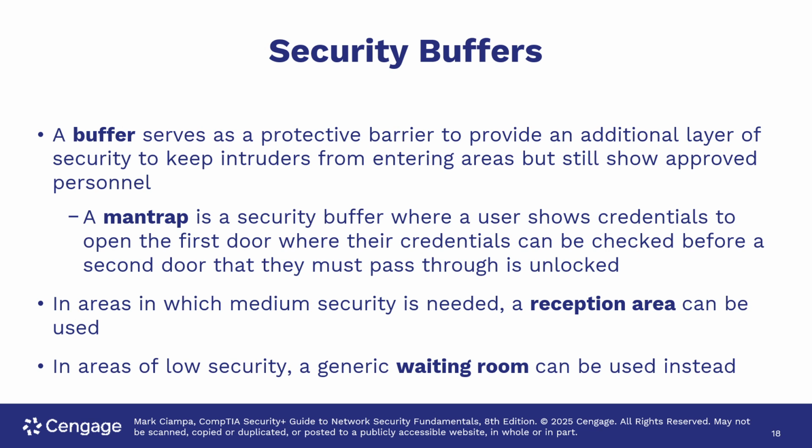You also have in your security a security buffer. It serves as a protective barrier to provide an additional layer of security to keep intruders from entering areas, but still shows approved personnel. It might be like a building that has two door entries. You have the outer one, and then you have the inner one.